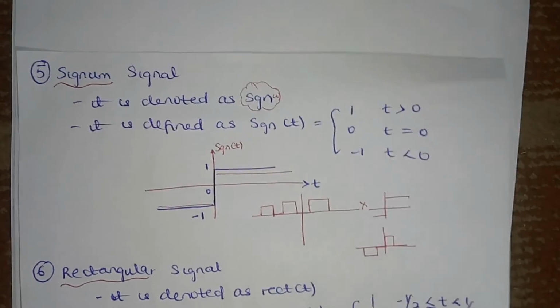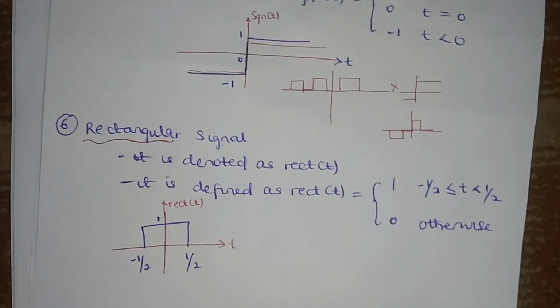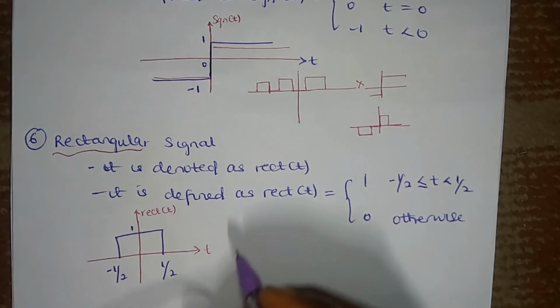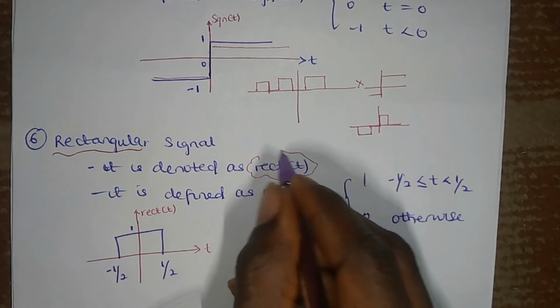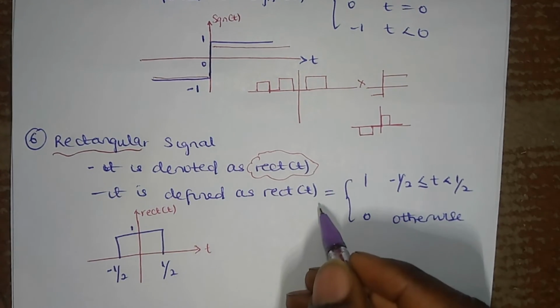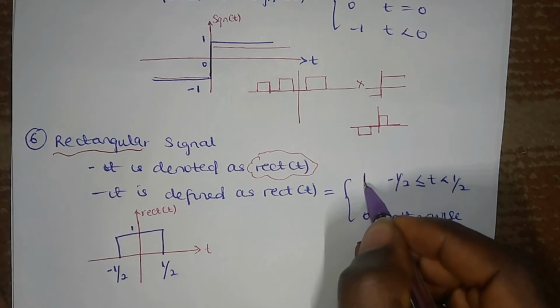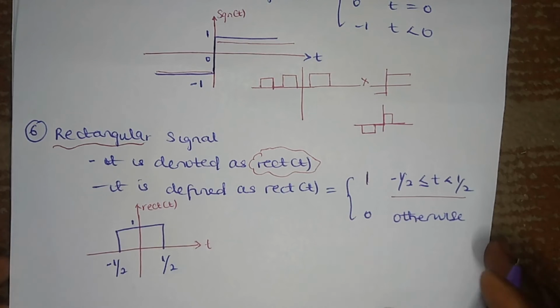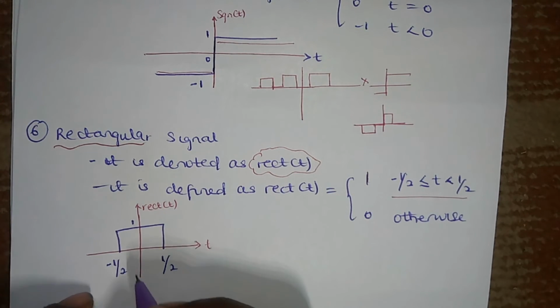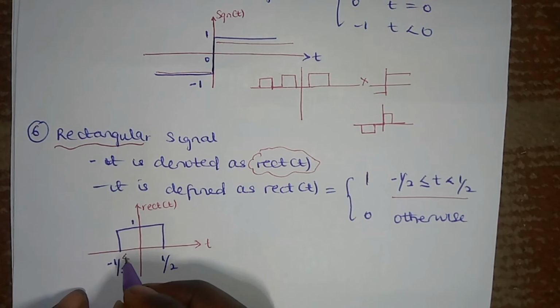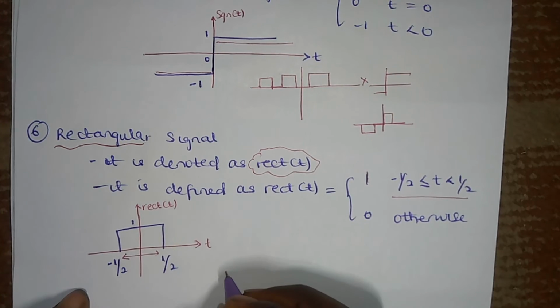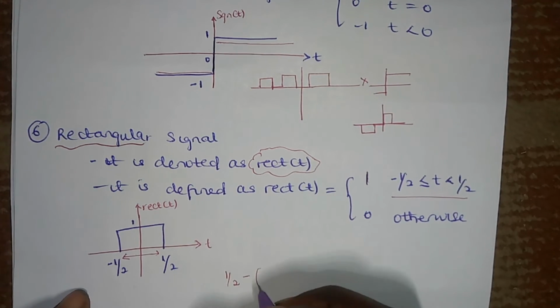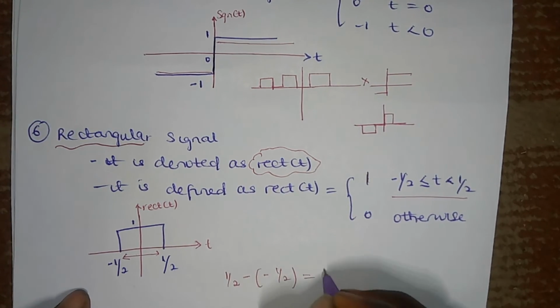Let's look at the last but actually not the least signal, which is the rectangular signal. It is denoted as what? Rect of t, and it is defined as rect of t. It has a value of 1 for this range between -1/2 and 1/2, and 0 otherwise. That simply means that if you look at this region, we have 1/2 minus -1/2, which is going to give us 1.